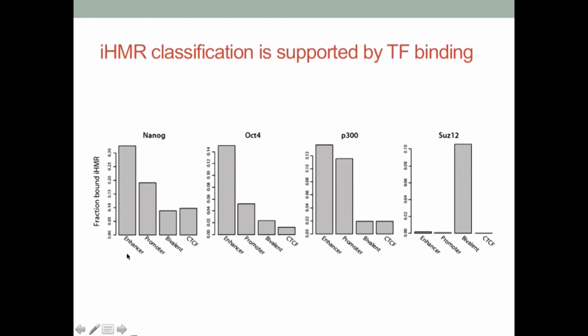So we're encouraged that our classification strategy is fairly robust.